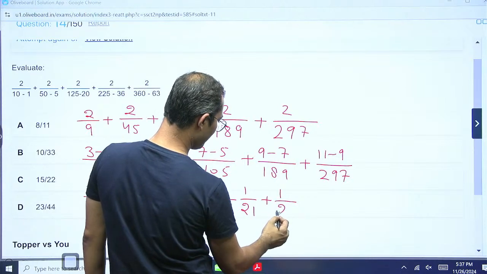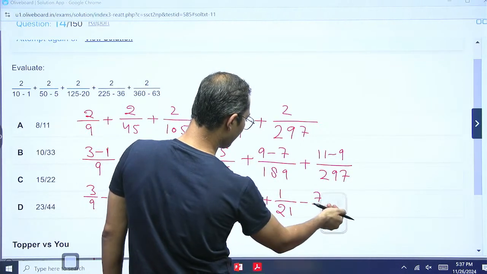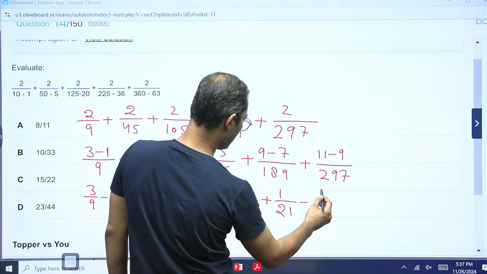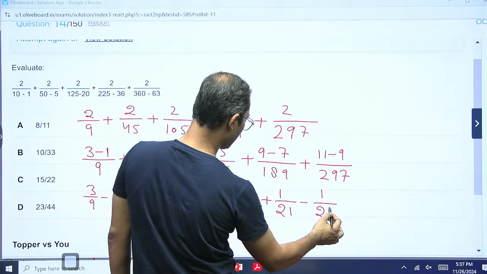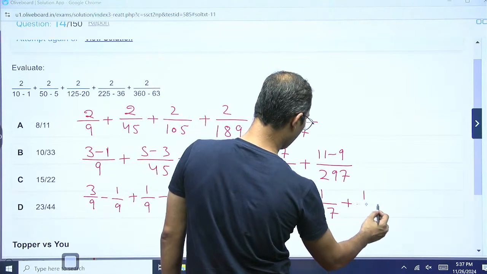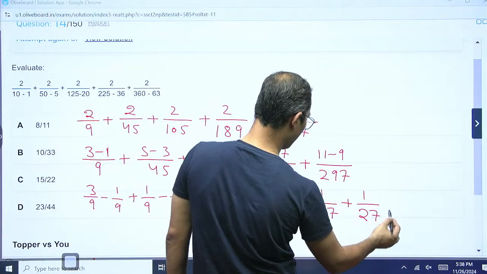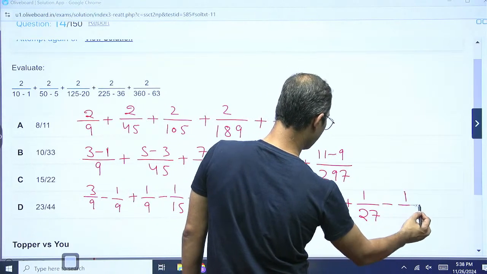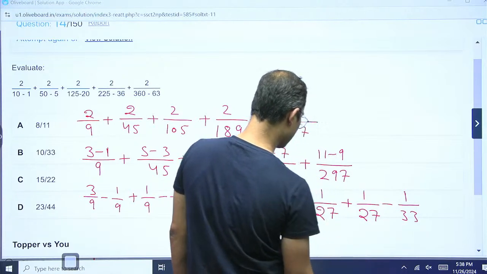So 9 2s are and 9 1 minus 7 upon, or we can write it 1 upon 7 2s are 14, 7 7s are, right? Yes, so plus 1 upon 11, 11 2s are 22, 11 7s are, and then minus 9 1s are 9, 9 3s are 27, and 9 3s are 27, right?